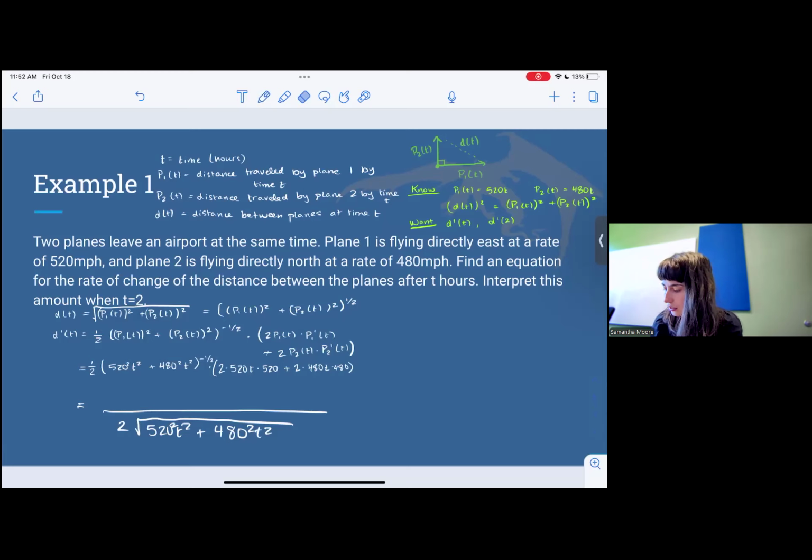So really I could pull my t squared out of my square root and just get a single t. And then I'm going to be left with the square root of 500,800. Okay, so that's just cleaning up this portion so far.